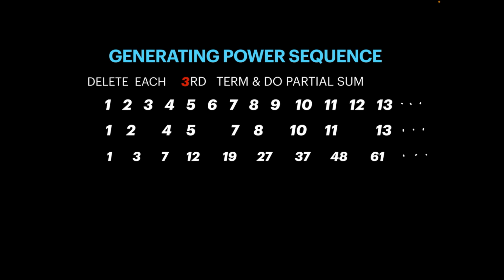So now we get the sequence 1, 3, 7, 12, 19, 27, 37, 48, 61.